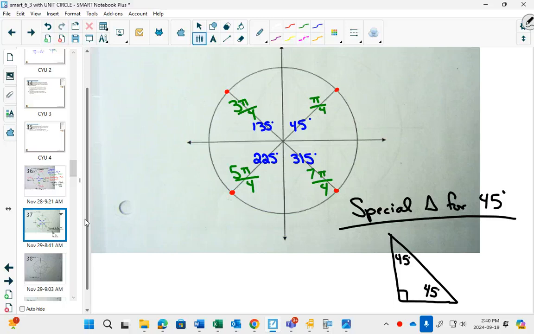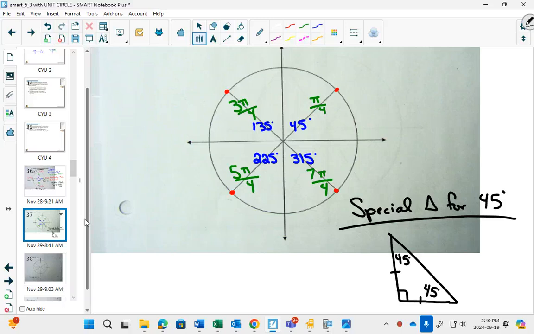But if two of the angles are the same, we have a special name for that too. It's an isosceles triangle. And if the two angles are the same, the two sides are the same as well. Which means if I know one of the sides, I know the other one because it's the same. The math will work with whatever number you pick to go there.